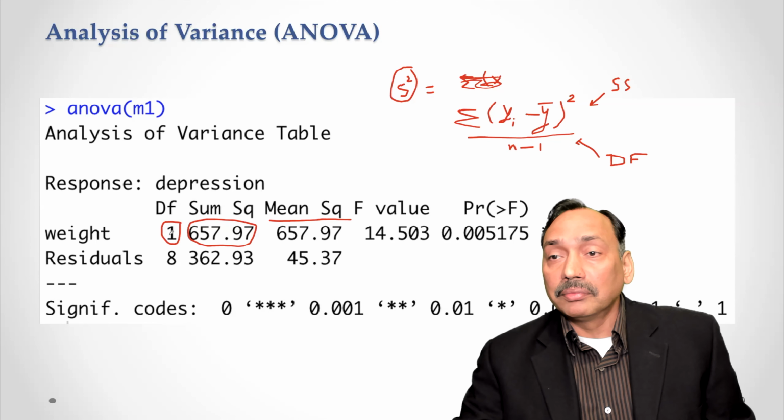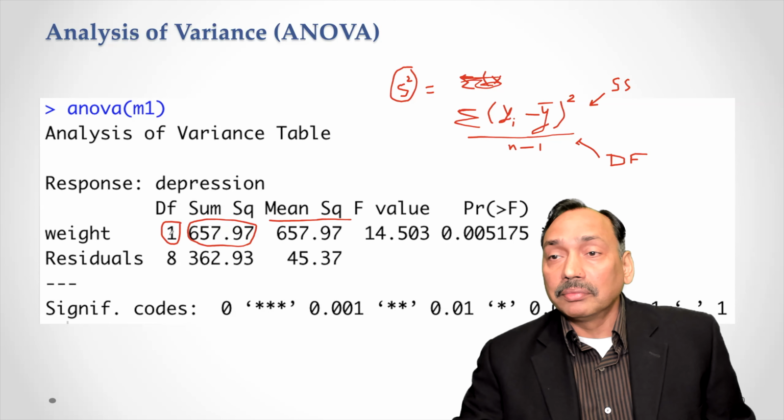So now you have two values. The first value is the variability because of our model, where the variability is explained by a variable called weight. Then you have unexplained variability. What is unexplained variability? It is what is not captured by the model.